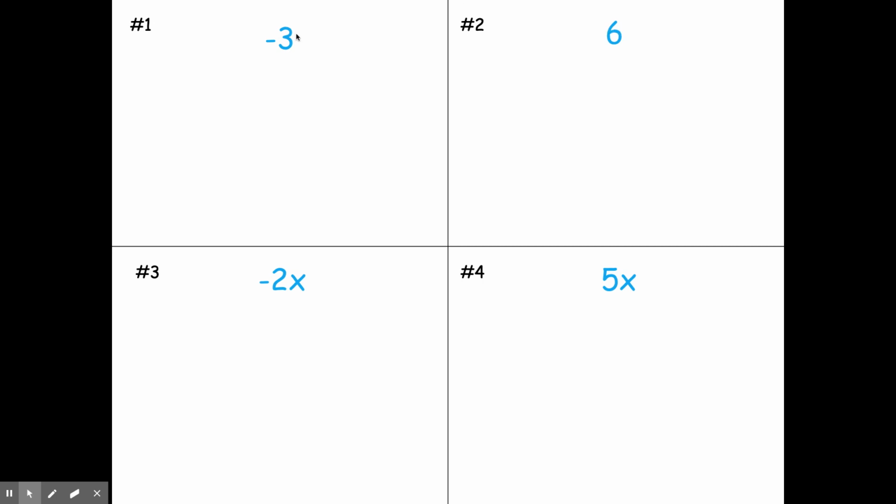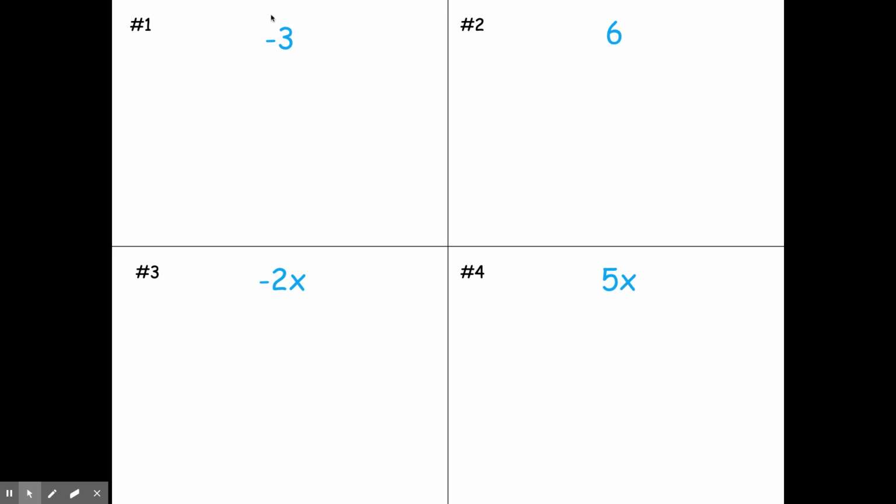And then we have tiles that we use to represent our variable and coefficients. So here I've got a -2x or -2 times x. And then in box 4, I have a +5x or +5 times x. So I can use different tiles to represent that.